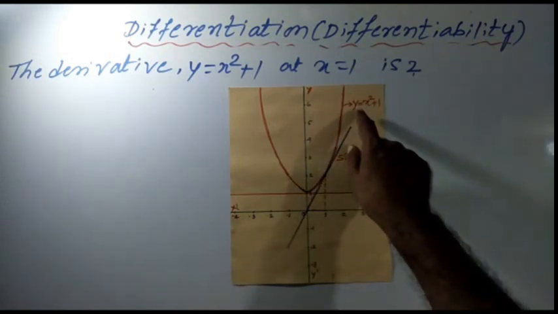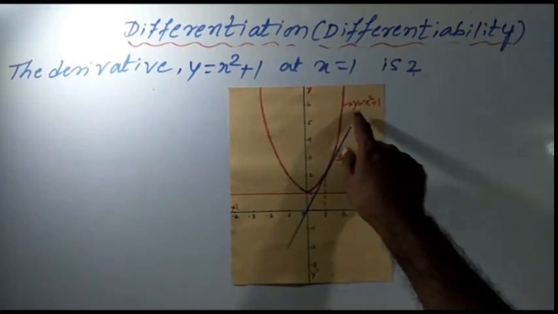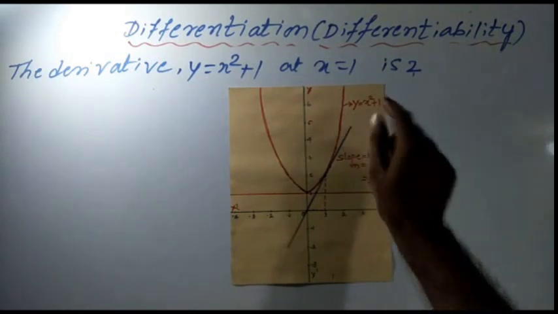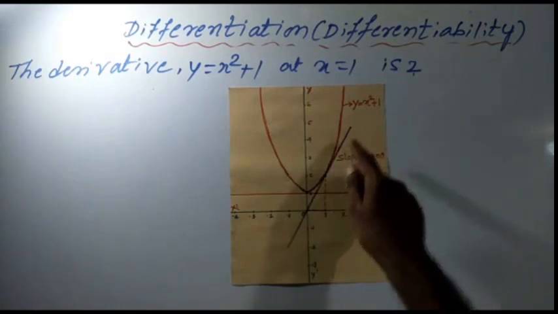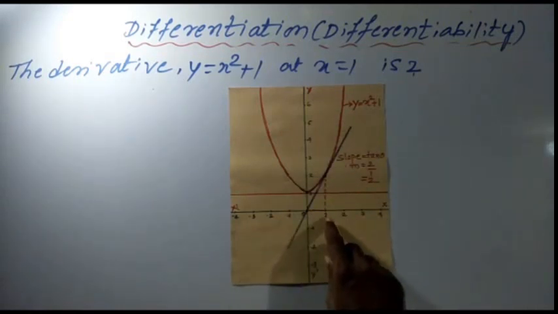Then the equation of this curve is y is equal to x square plus 1. Now we draw the tangent to the curve at point x is equal to 1.